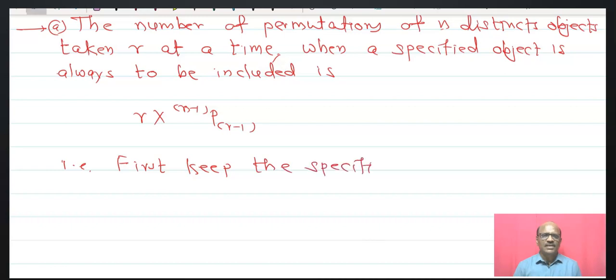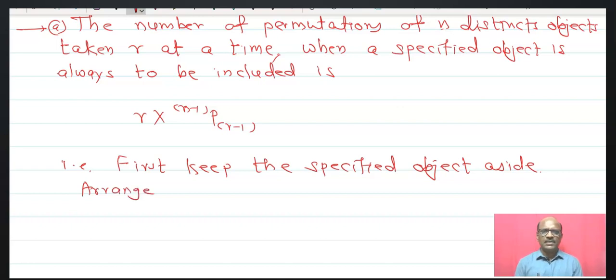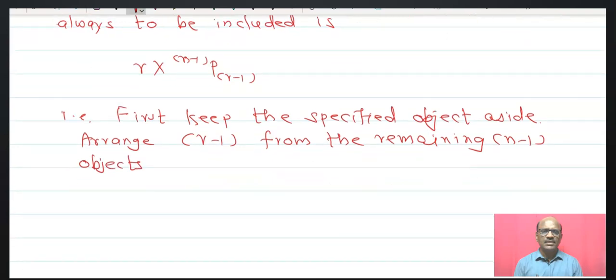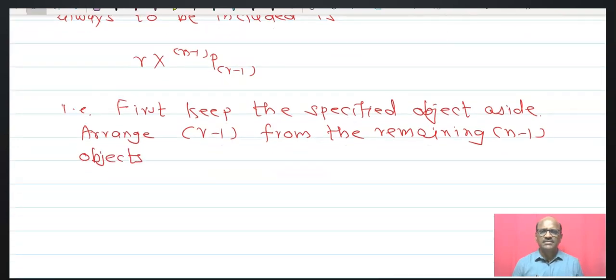First, keep the specified object aside. Arrange r minus 1 from the remaining n minus 1 objects, that is (n minus 1) P (r minus 1) ways.